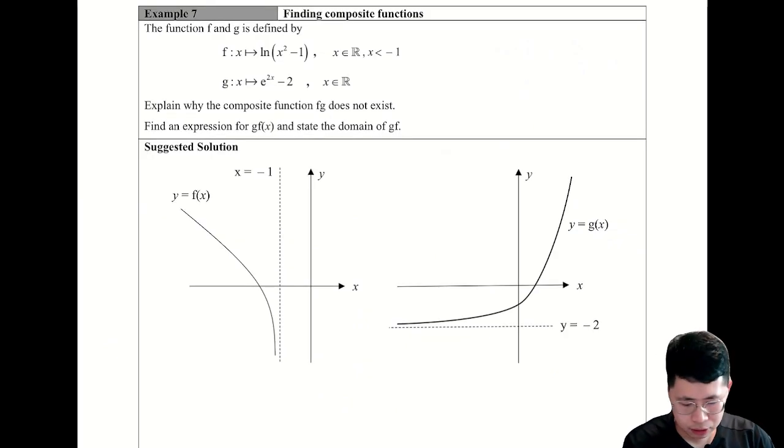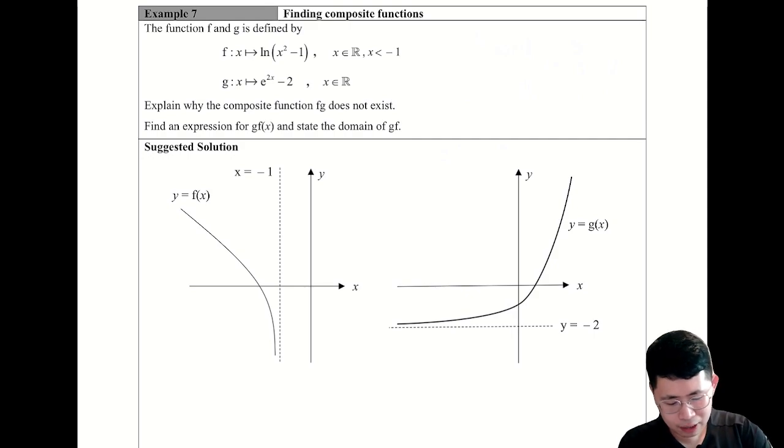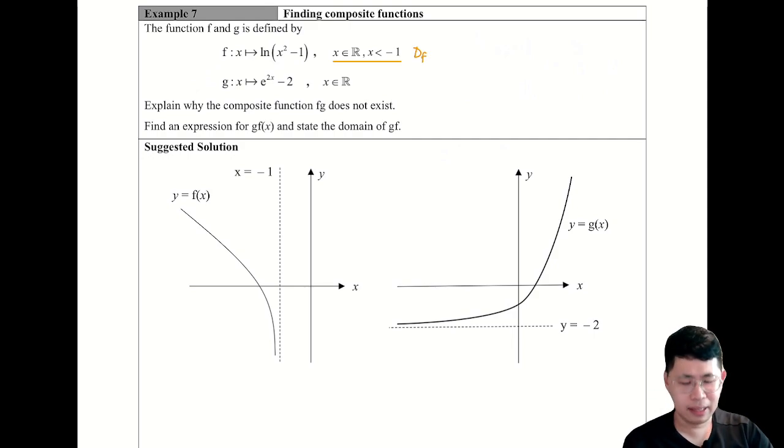Let's take a look at example number 7. In example 7, same style, we are also finding composite functions. The functions f and g are defined by this f and this g. For f(x), it is ln of this expression, but the domain is restricted to x less than -1.